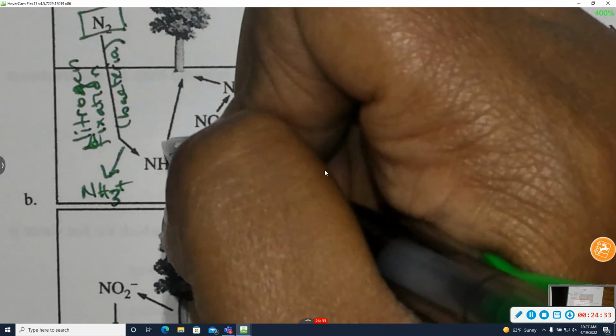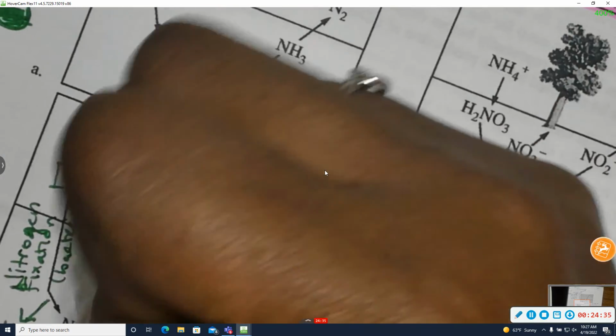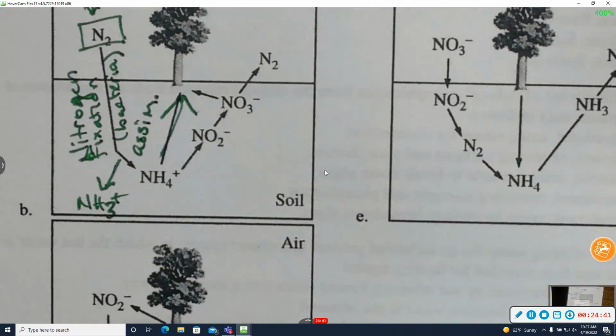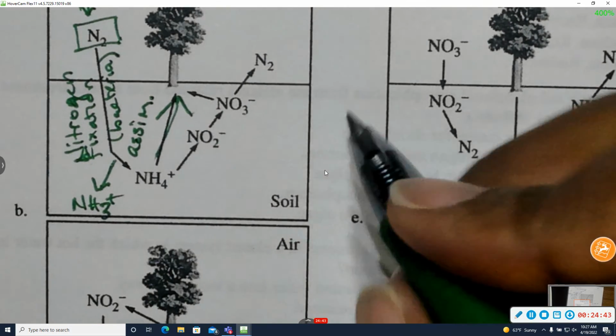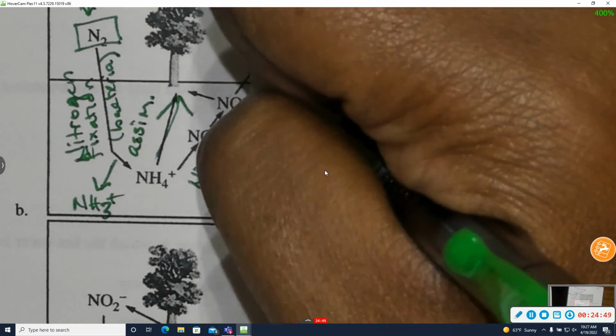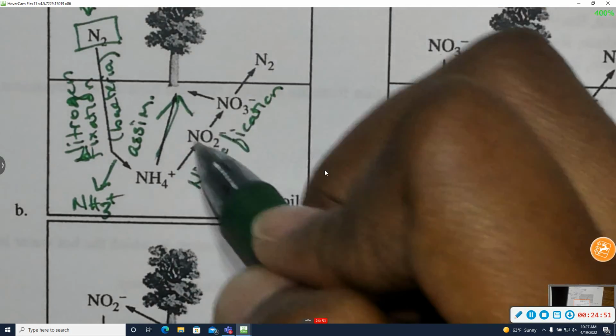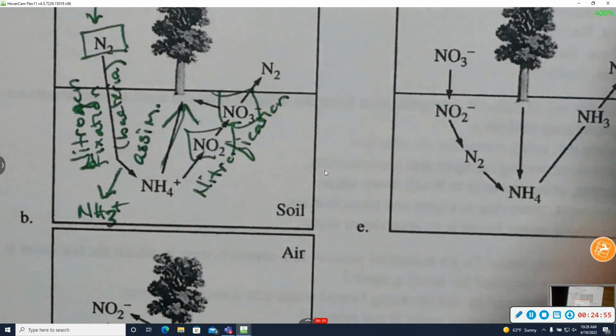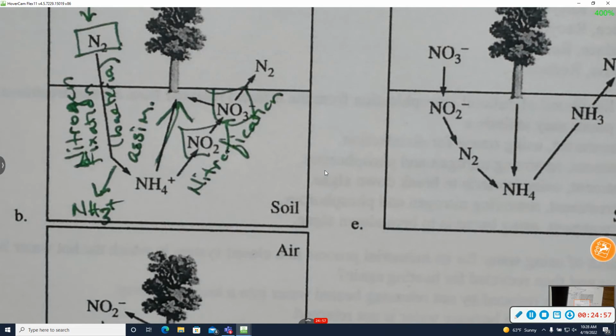Then our plants can use that, and we call that assimilation. Plants can use ammonium in their tissues. Furthermore, you're going to have what we call nitrification right here, where you're going to get nitrite and nitrate, and again, plants can use that as well.